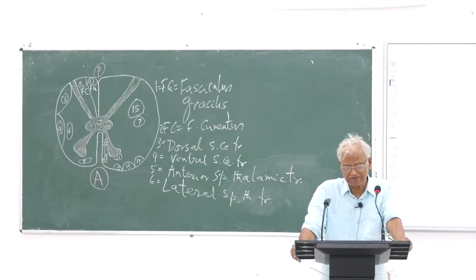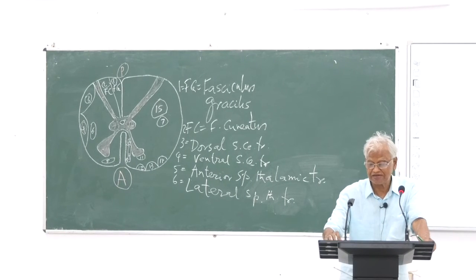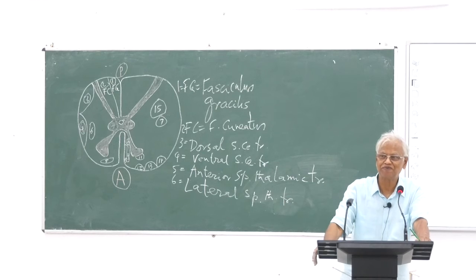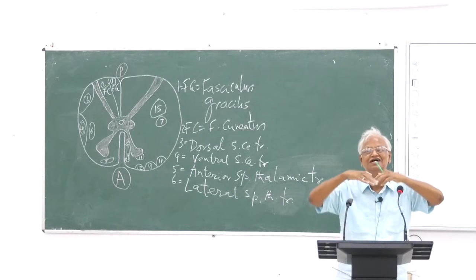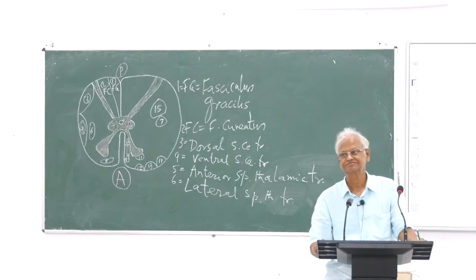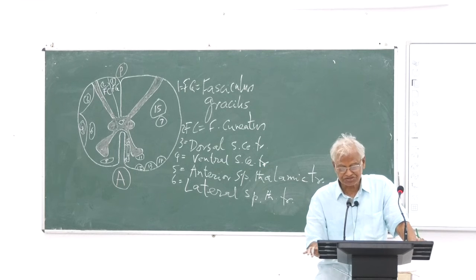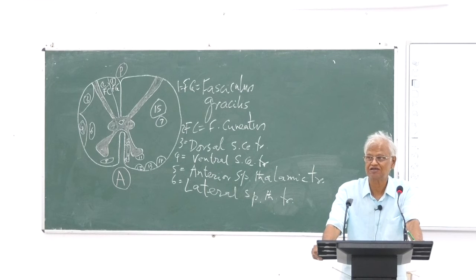And if this automobile accident is severe, the whole spinal cord may be cut off, upper part separated from the lower part. Have you understood? So this is called complete transection of the spinal cord.